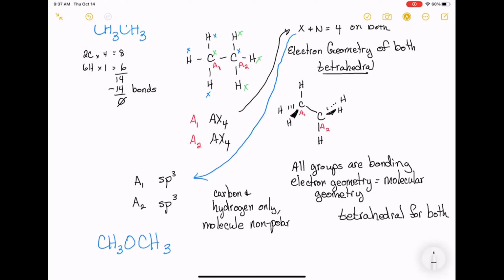Since we are talking about tetrahedral, the ideal bond angle is going to be 109.5. The last thing we can say is the bond between our carbon and carbon is a sigma bond. And there is a single bond between the 6 carbon hydrogens, so they are all sigma bonds as well.